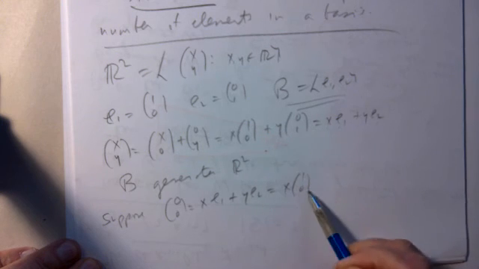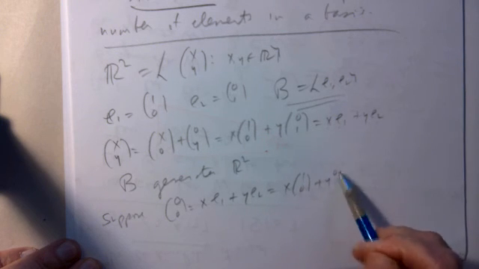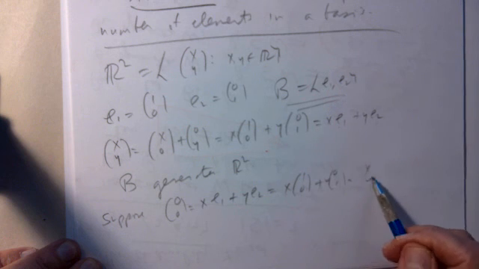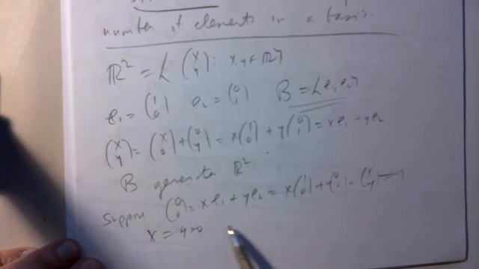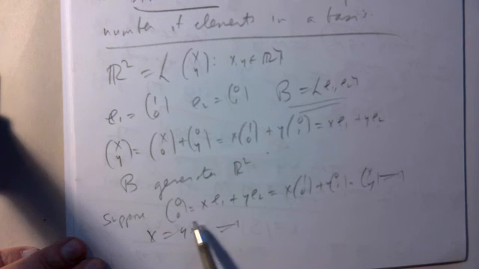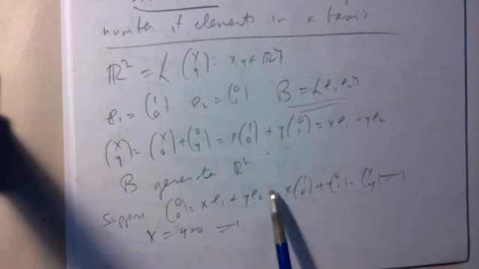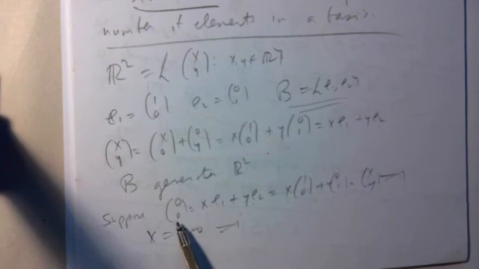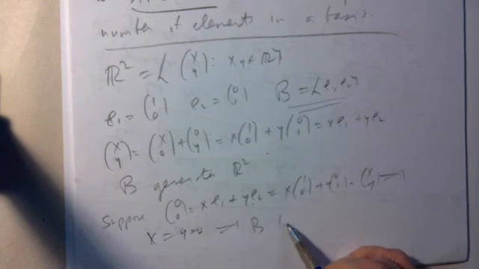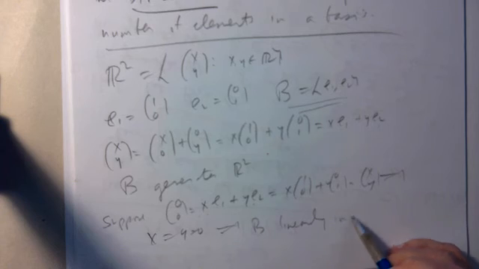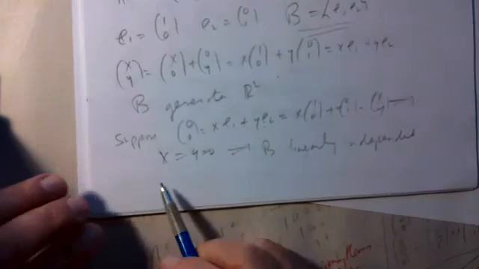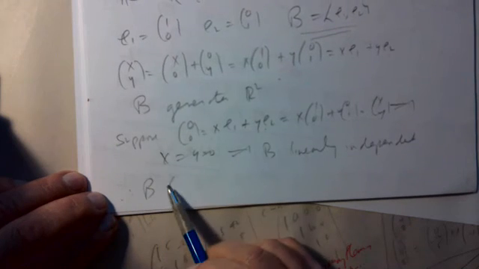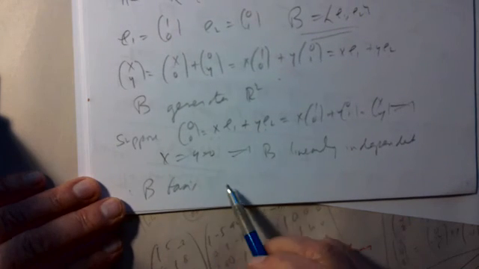But that is (x, y), which means x equals y equals 0. So that means the only linear combination of e1 and e2 that produces the 0 vector is (0, 0). So the set B is linearly independent. So therefore, the set B is a basis.